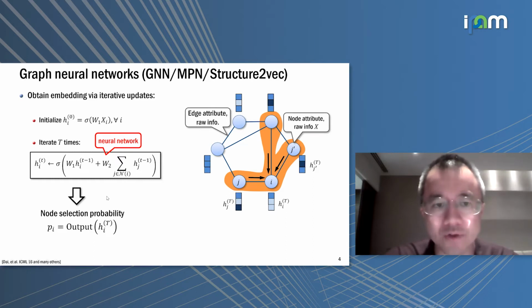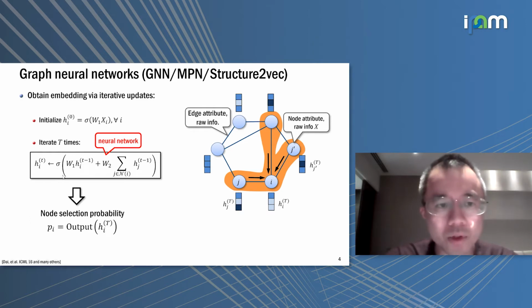Then the graph neural net iteratively updates these embedding representations for the nodes. Each node aggregates the messages or embeddings from its neighbors. After aggregating, you perform some nonlinear transformation parameterized by W1, W2. You can think of this as a one-layer neural net parameterizing the message passing operator, okay?